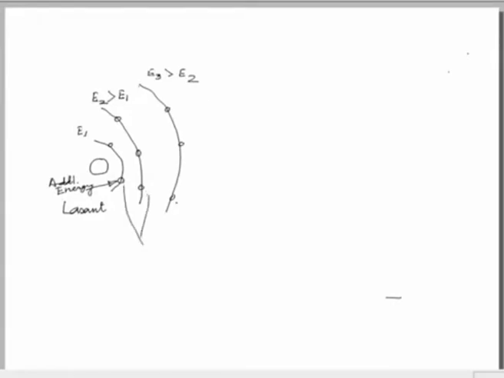These are nothing but electrons with different energy levels, as we have indicated.